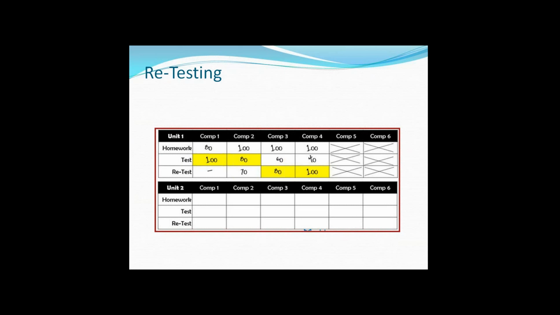Retesting means the same defect you have to test again. Regression testing means after any build we have to test the application. It is just like functional testing.